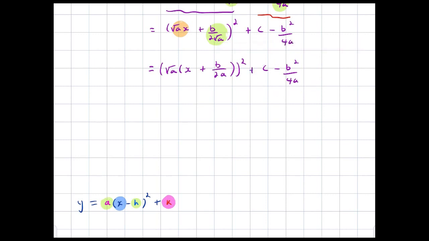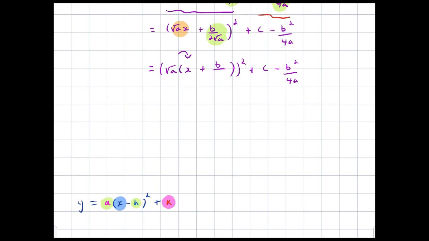Well, the reason is that a is equal to the square root of a squared. So when I multiply in this root a, I need the 2 of course, and I need to have a root a and a root a to cancel. So when this gets multiplied in, it hits the x and becomes that root a up here, and then when it hits that root a squared, I'm going to be left with that root a up here. So that is why there's going to be an a in the denominator.